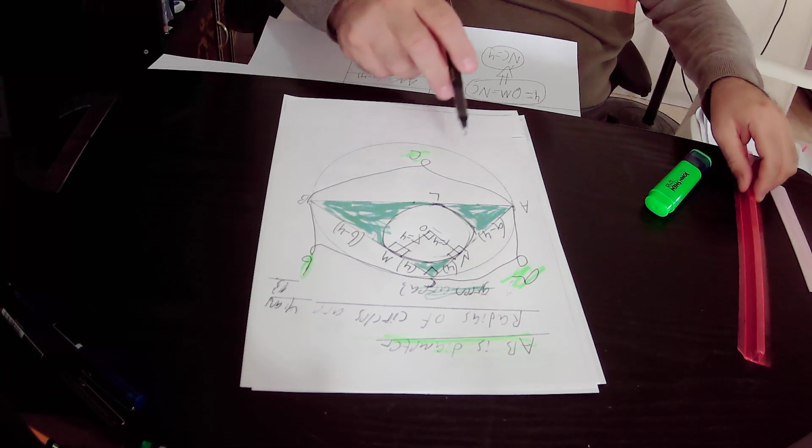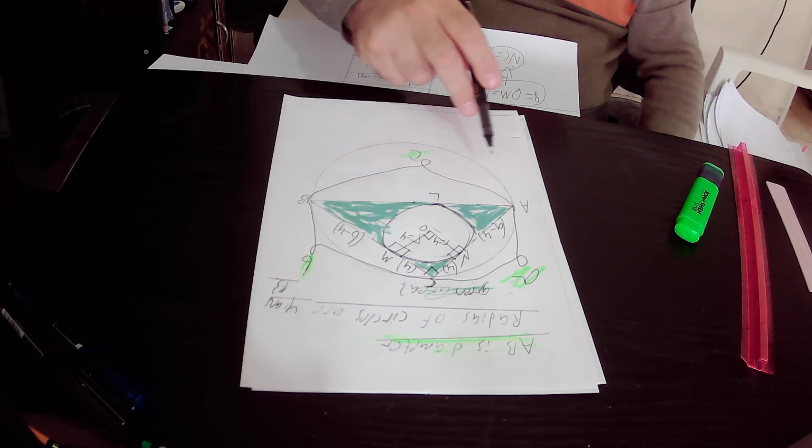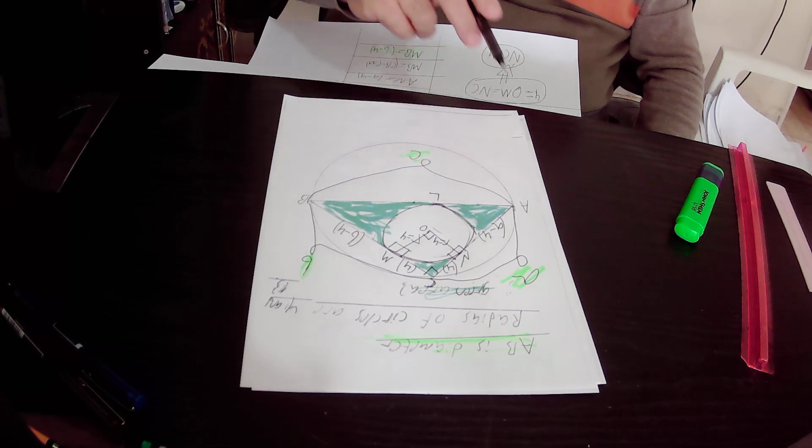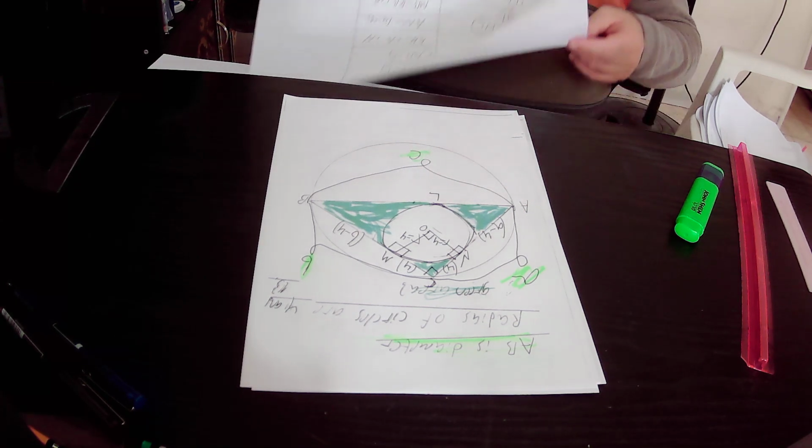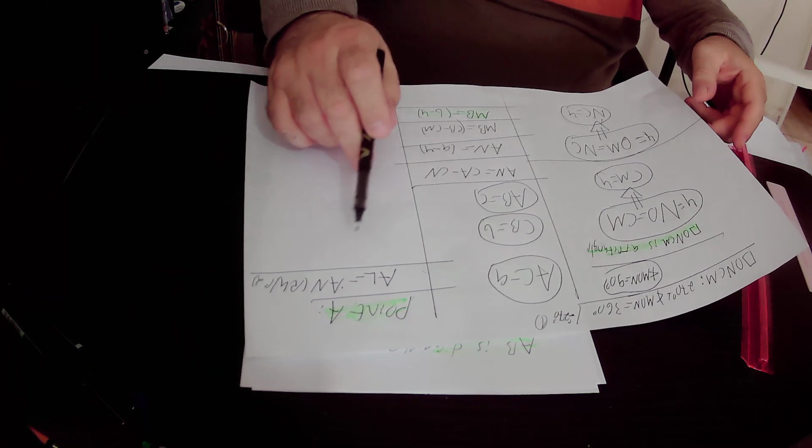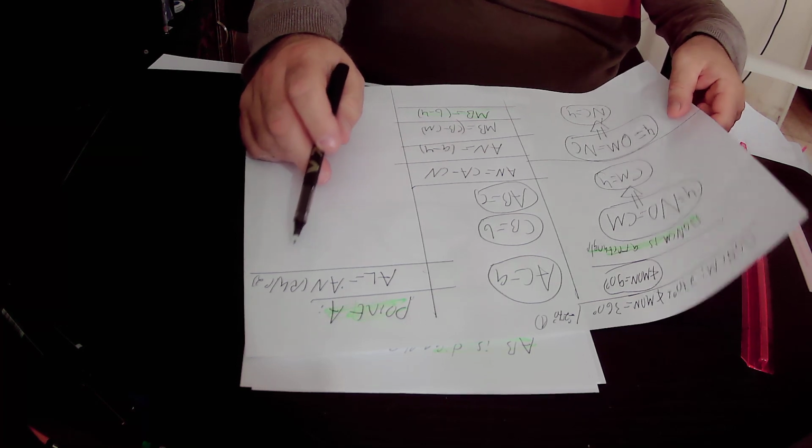The first tangent to the small circle is AL, and the second tangent is AN, and according to rule number 2, they are equal to each other. So here AL equals AN according to rule number 2.